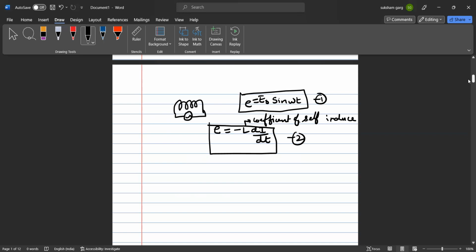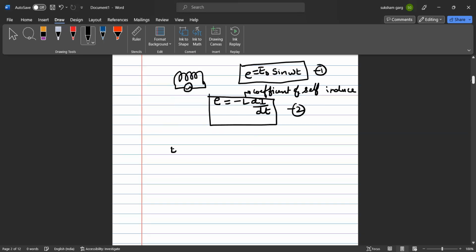So let's do that. We will get E naught sine omega t is equal to minus L di divided by dt. So what we are going to do in this case is that we will take this dt on this side. We will get E naught sine omega t into dt is equal to minus L into di.